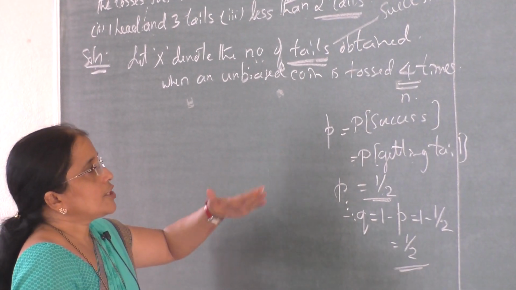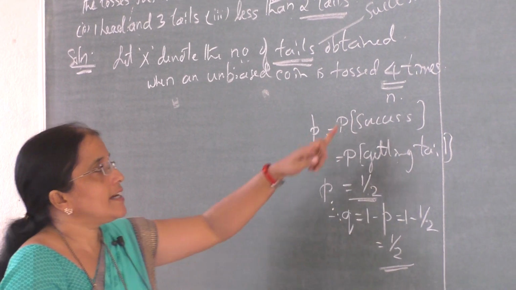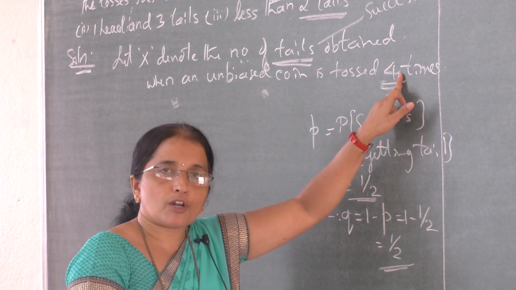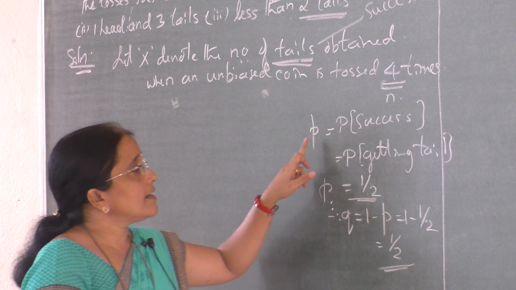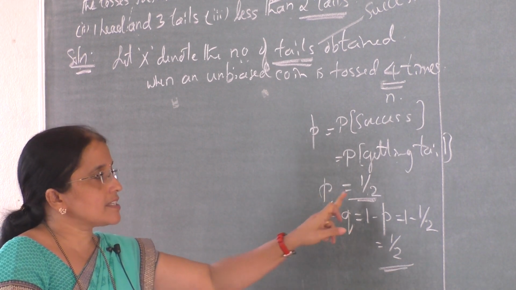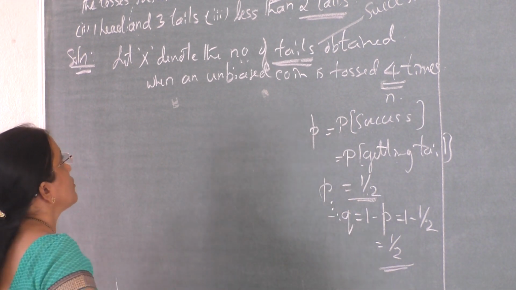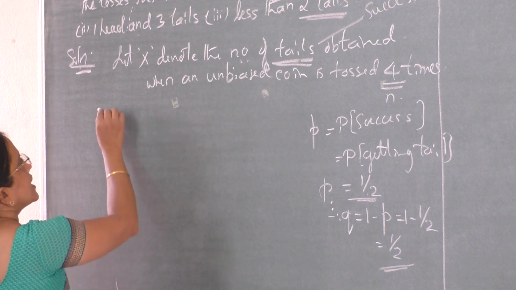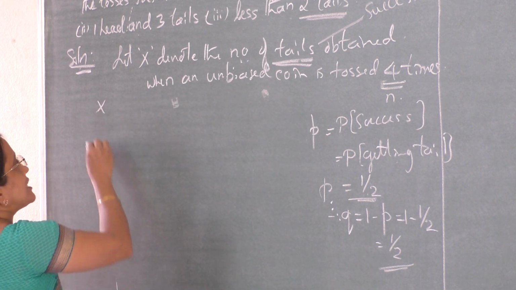Next, so here 2 parameters we have identified: n is equal to 4, the number of trials, and p, the probability of success, equal to half. Once you define x, next write which distribution it follows.